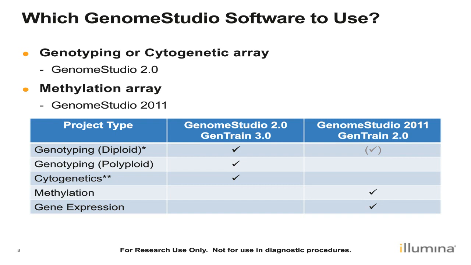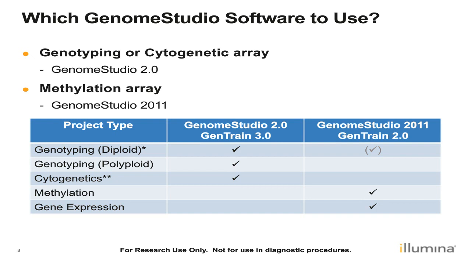In short, if you have a genotyping or cytogenetic project and you want to perform genotyping analysis, we recommend 2.0. But if you have a methylation array, definitely go for GenomeStudio 2011, which contains the methylation module and the gene expression module as well.